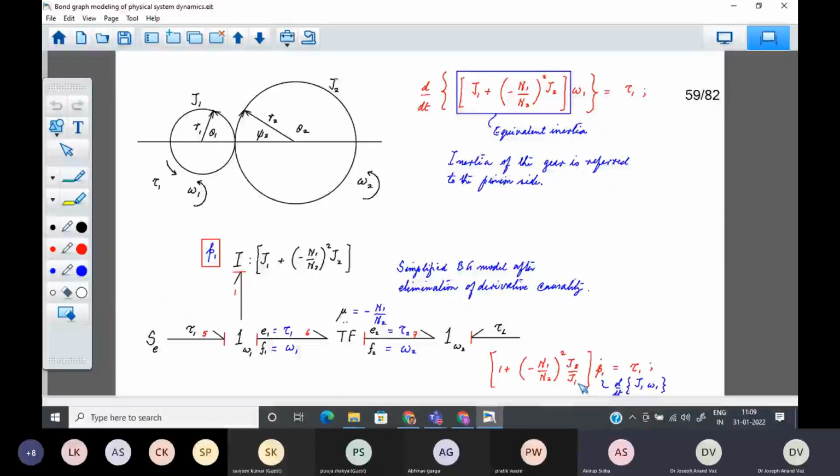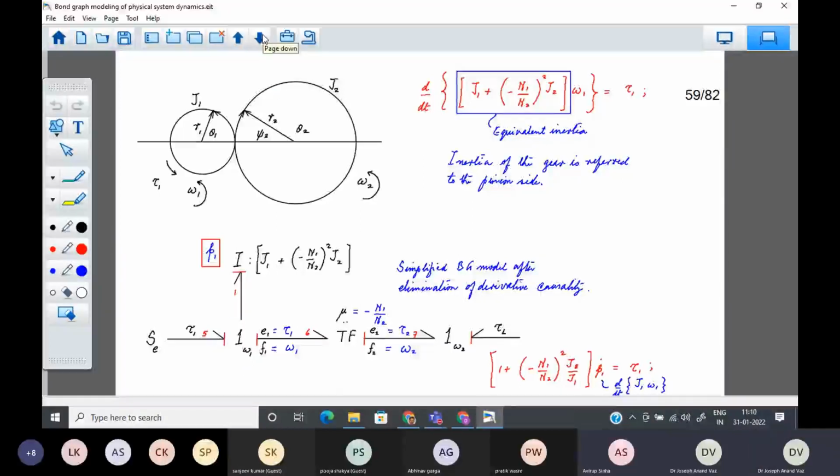So right now in our system, this is what we have done. This is how we have eliminated the derivative causality by referring this inertia towards the other side, the side which is moving with angular velocity omega.